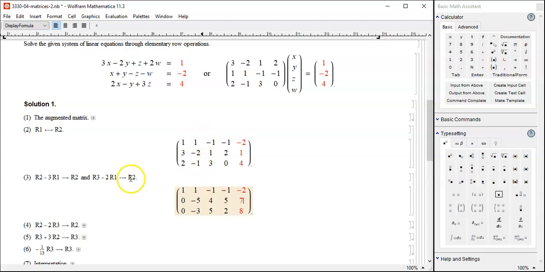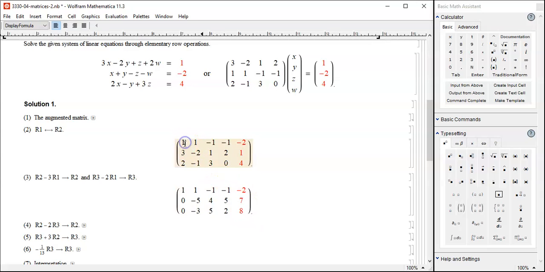Anyway, another computation: row 3 minus twice of R1 and then put it into, oh, a typo, it should go to R3. I'm doing a computation through row 3, so it should go to R3. So let's see. Multiply 2 to this one, and if we subtract, that'll kill off this 2. And if you do it right, you're going to get this.